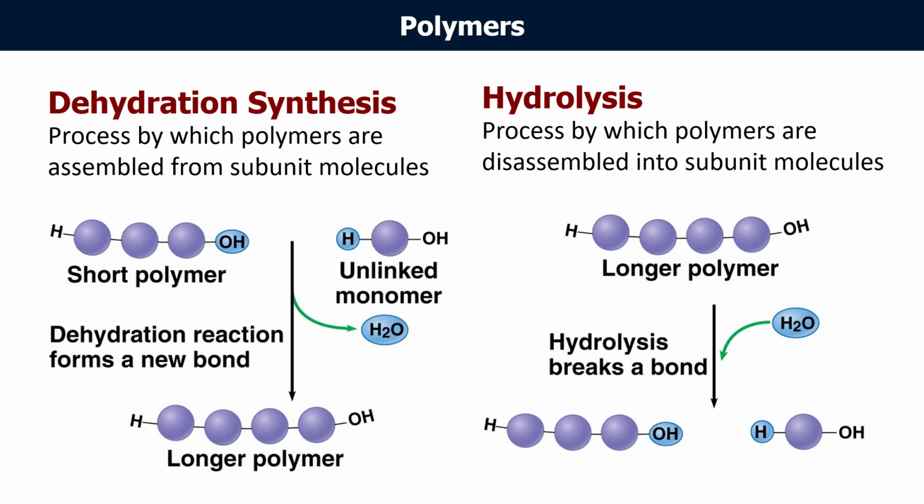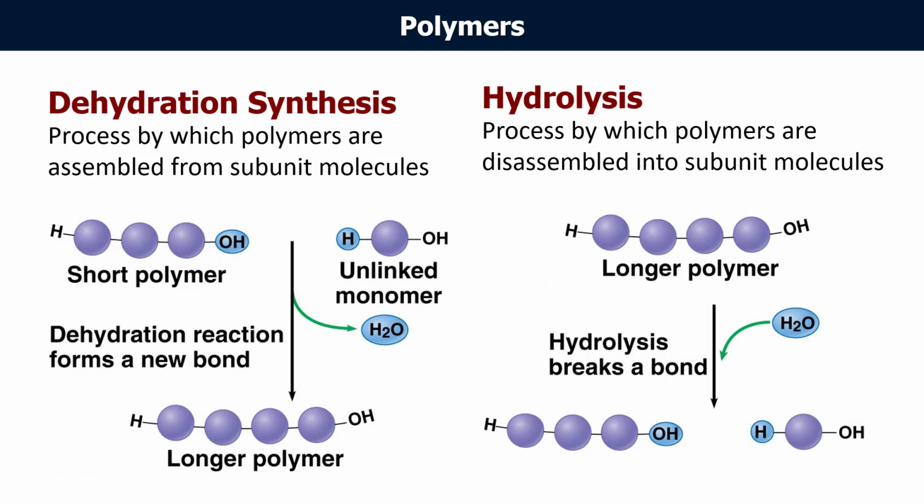So again, it's the exact reverse of dehydration synthesis. And if we want to keep disassembling that polymer that has 3 now, we would bring in another water molecule and knock the 3rd subunit off. And then we could bring in another water molecule and knock the 2nd subunit off. So we could disassemble this all the way down to nothing but individual subunits simply by using a water molecule each time to knock them off.